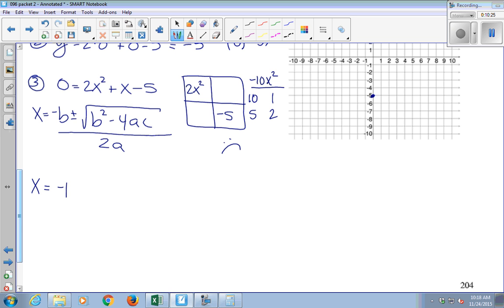So I do negative 1 plus or minus the square root of 1 squared minus 4 times 2 times negative 5 all over 2 times 2.